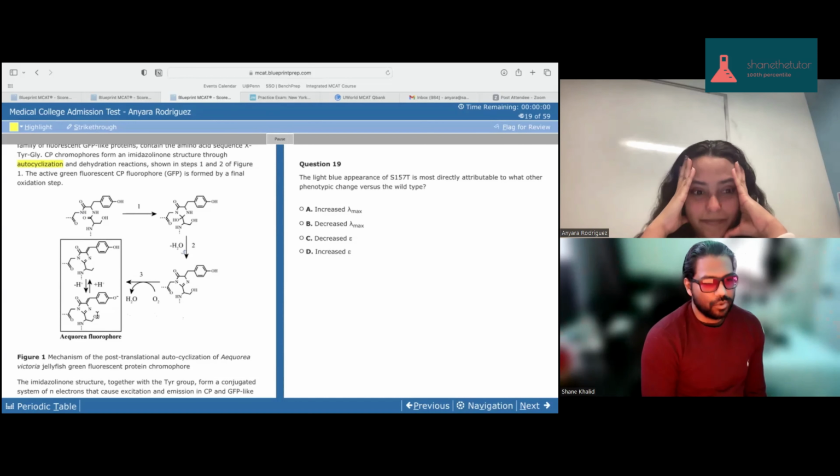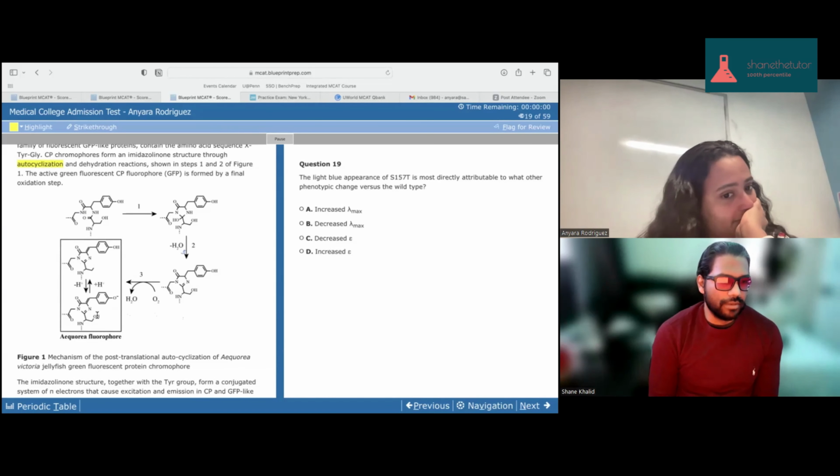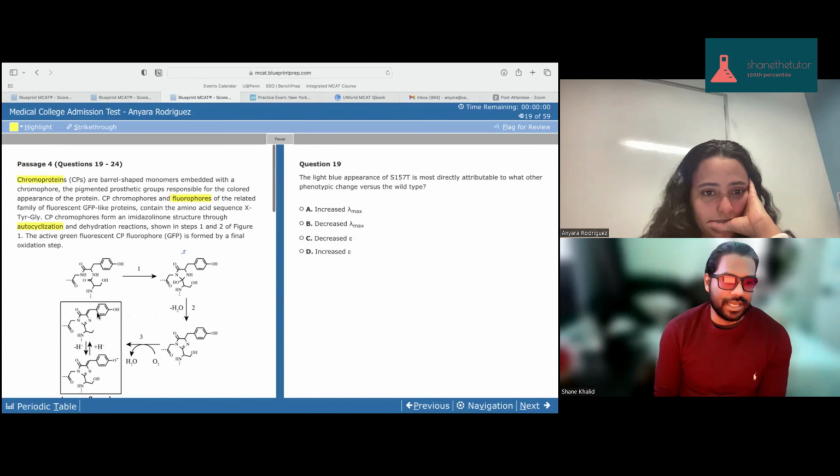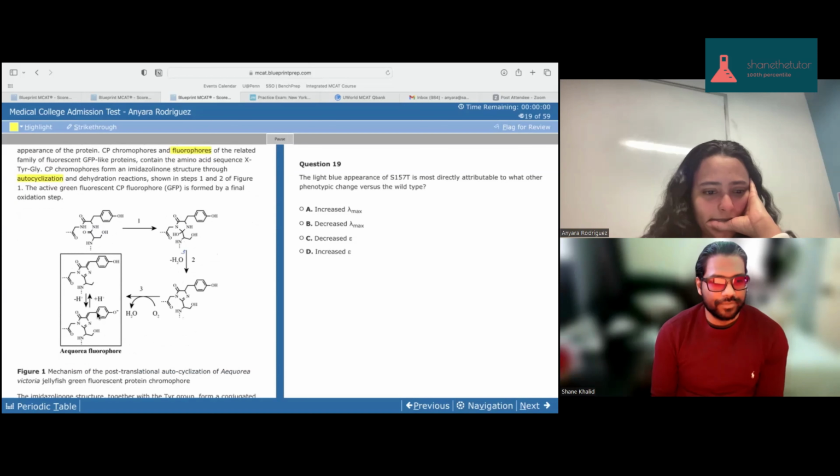Okay, so that's figure 1, mechanism of the post-translational autocyclization of the jellyfish green fluorescent protein chromophore. I was just reading the caption.